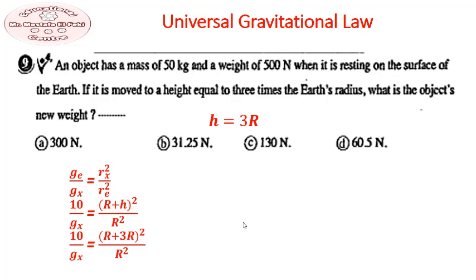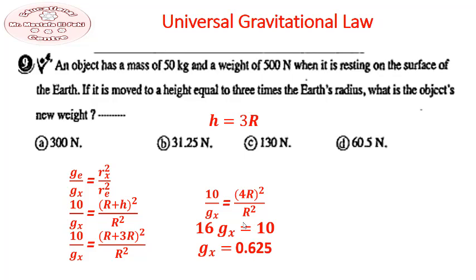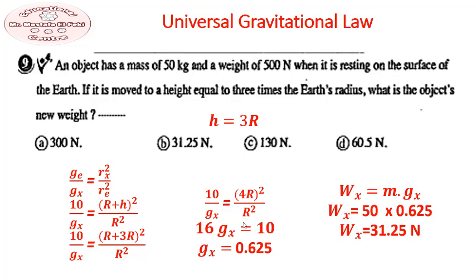Then substituting 3r instead of h, 10 divided by g at this point x equals 4r to the power of 2 divided by r to the power of 2, then 16g equals 10, then g at x equals 0.625. Then the weight equals m times g, m is 50 times this gravity, then the weight is 31.25.